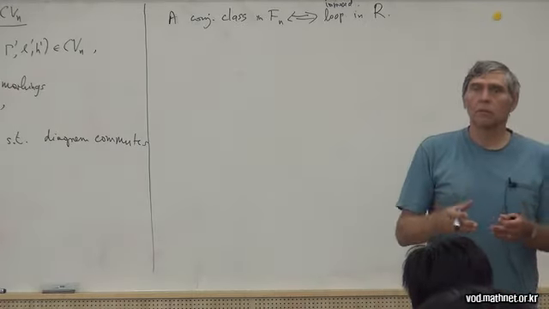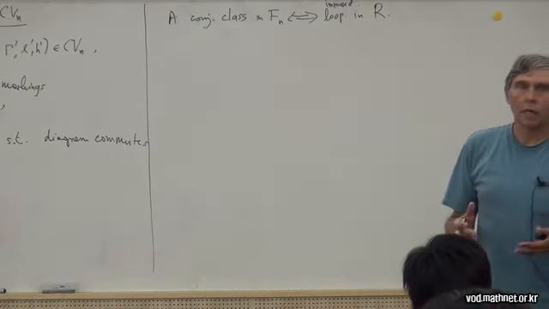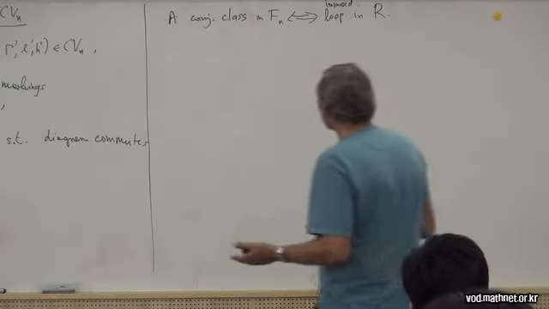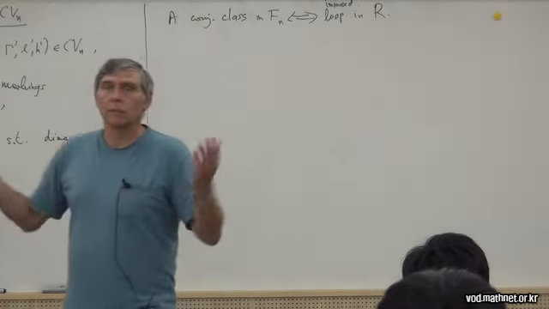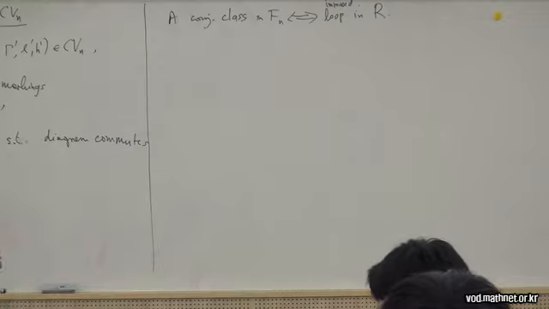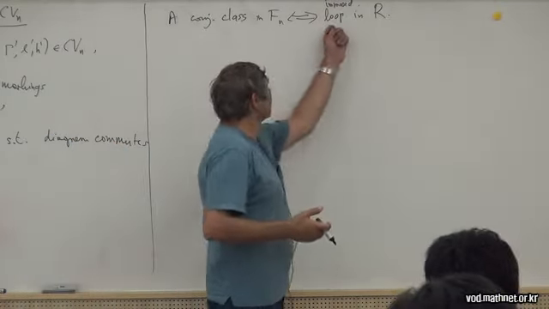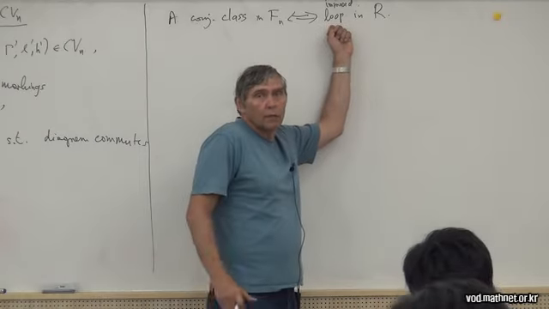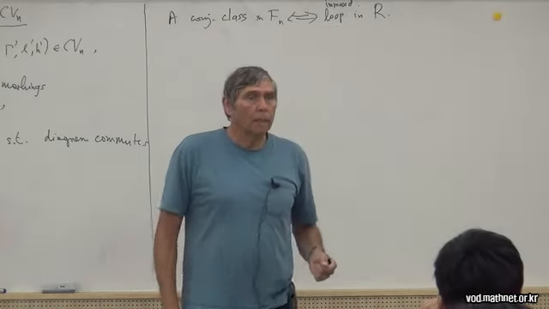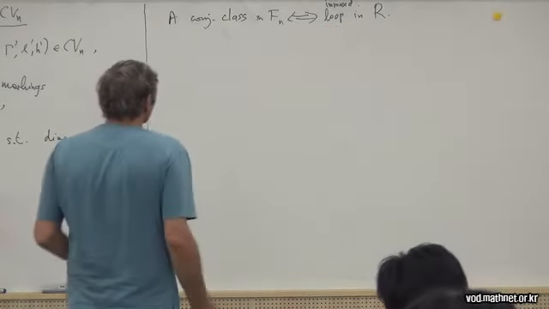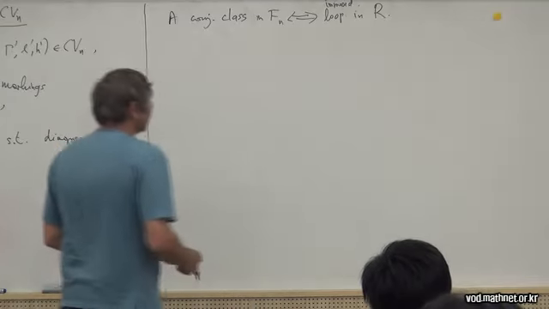The fundamental group of the rose is identified with the free group. And when I say a conjugacy class, I'm forgetting the base point. There's no base point, so it's not a based loop. It's just a loop in the rose. So I can think of a conjugacy class in the free group as just being a loop in R.